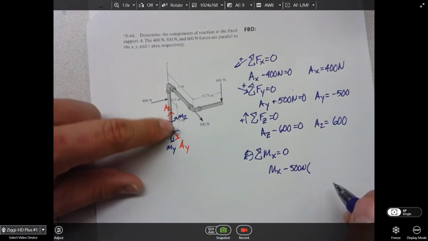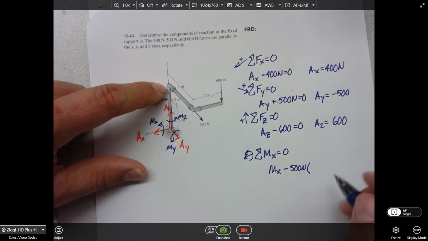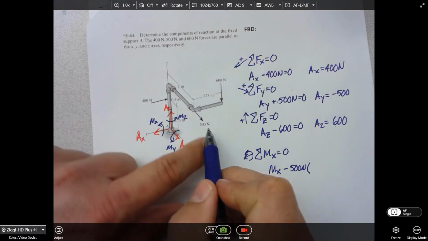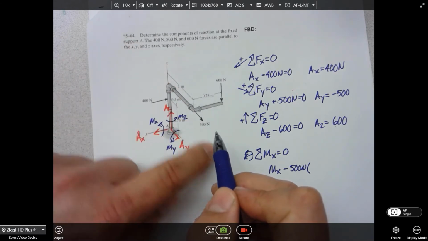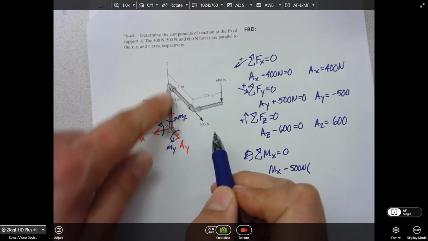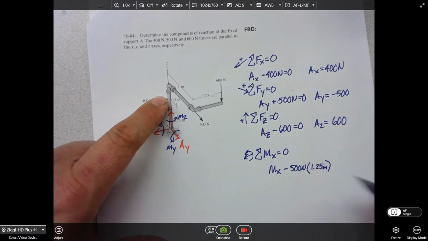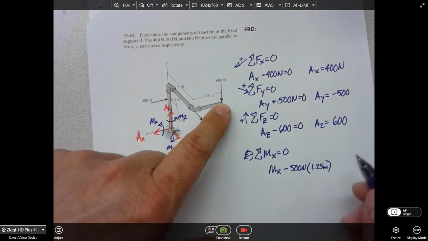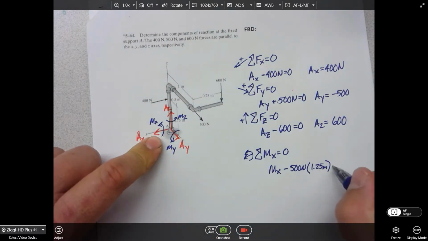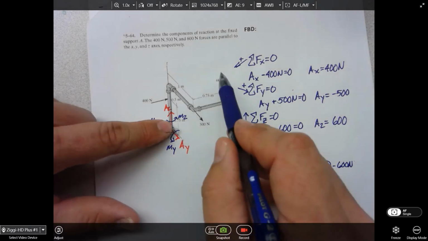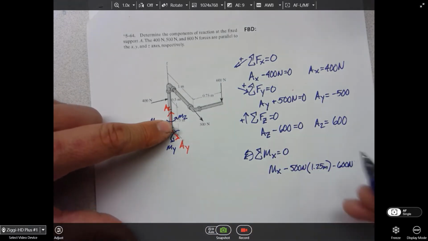It's the other direction, right? It's the vertical distance off. So we need to find the perpendicular distance from the line of action of the force. The line of action of the force runs this way, so it's going to be this way that we need to find the distance. So it's 1.25 meters. Now, 600 newtons, negative, right? Can everyone see why I'm saying it's 600 newtons negative? Because here's the x-axis, 600 down, so it's going in the opposite direction.